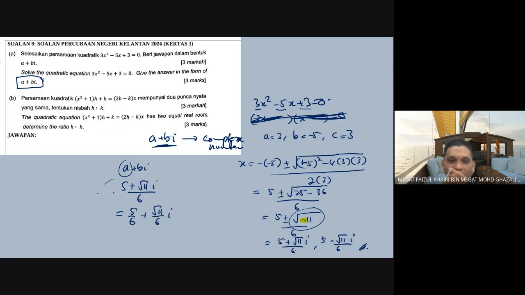This is in the form of a plus bi, not the earlier form yet. If you leave the answers in the earlier form, you might lose one mark, because a plus bi means we need to separate: 5 over 6 plus square root of 11 over 6 i, and 5 over 6 minus square root of 11 over 6 i. This is in the form of a plus bi. Be careful.